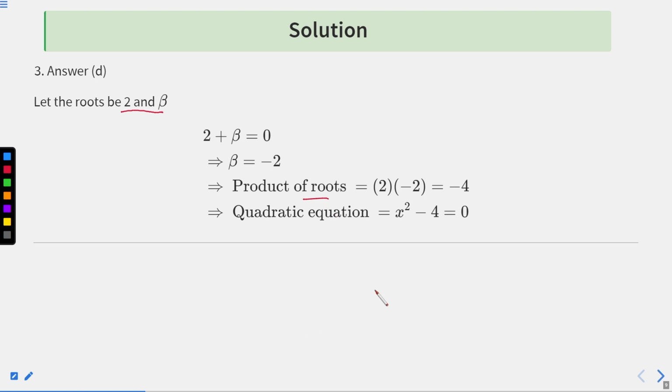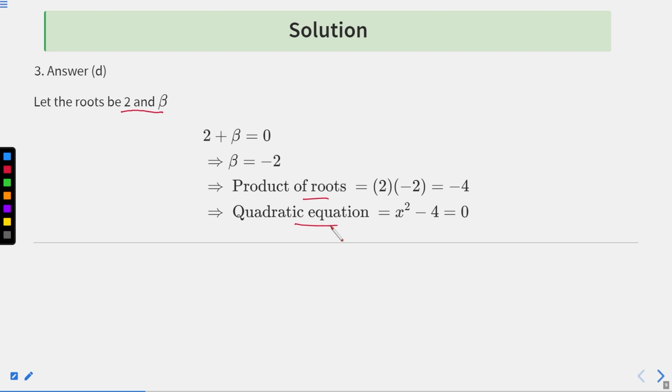Okay, and now if we find the equation of the quadratic equation whose roots are 2 and minus 2, the quadratic equation will be x square minus 4 is equal to 0.